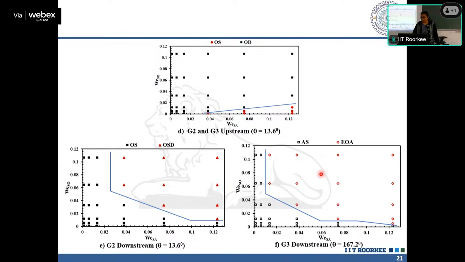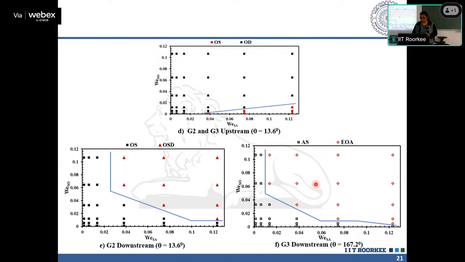And here again this reverse phenomenon happens: aqueous slug formation and encapsulation formation, and encapsulation formation is the dominating flow regime.